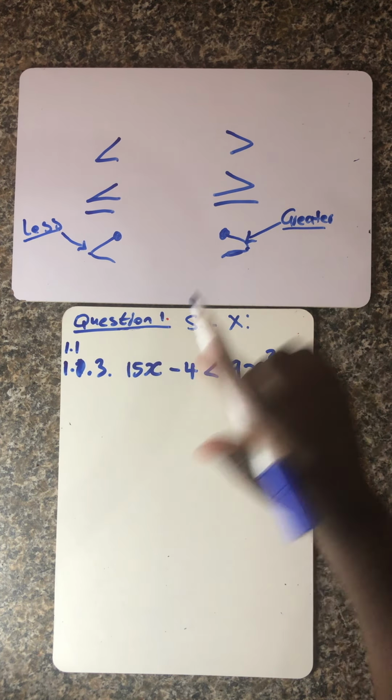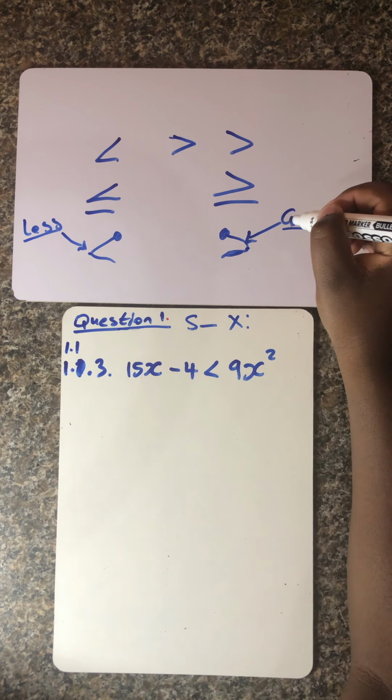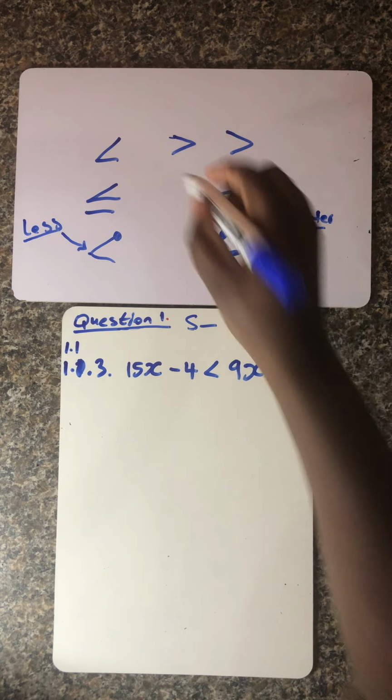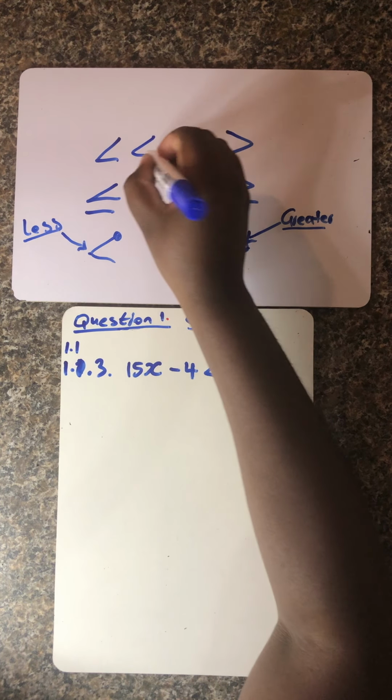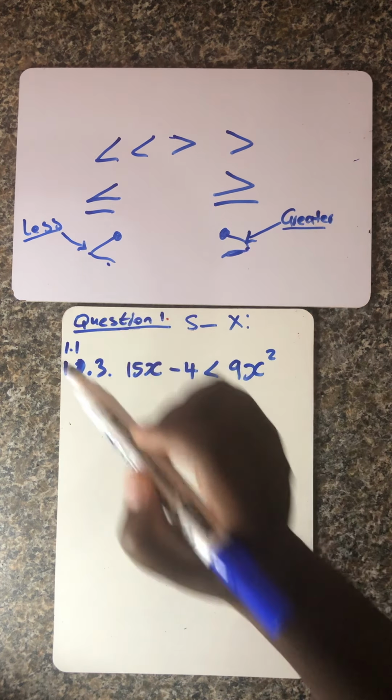So this sign means greater than, because it's like the shape I made with my hand. And this one is less than, because it's like that other shape with my hand.